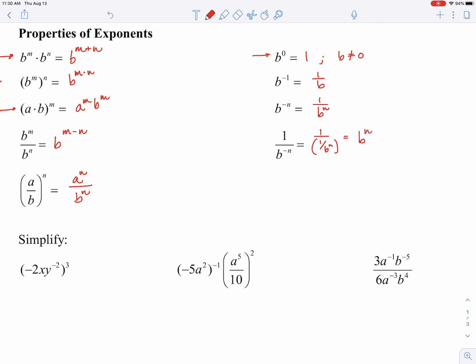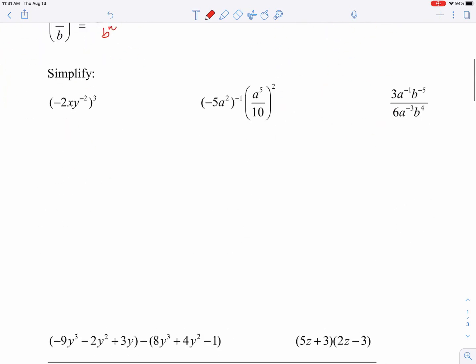So basically these last two rules simply say that if you have a negative exponent in the numerator, you can take the reciprocal and rewrite it with a positive exponent, and vice versa. If you have a negative exponent in the denominator, you can rewrite it in the numerator with a positive exponent. So that's the review of the exponential properties or rules.